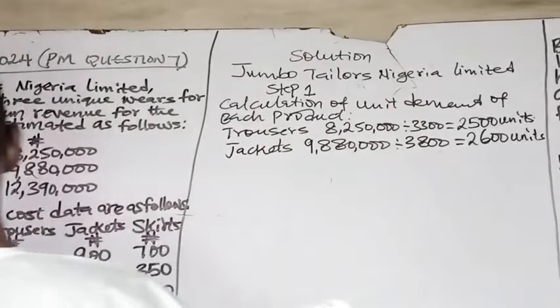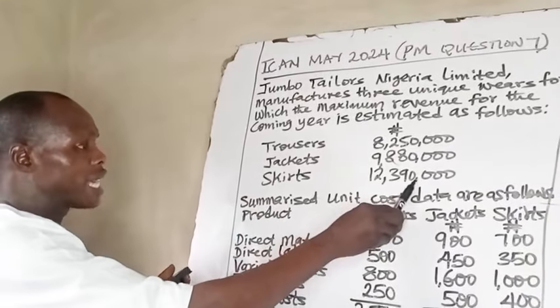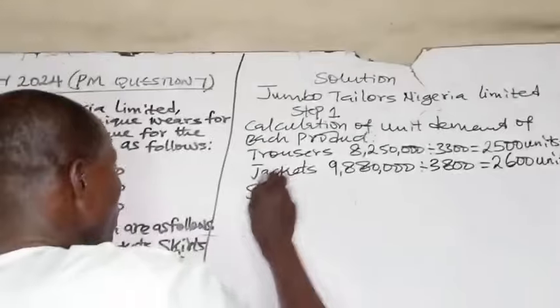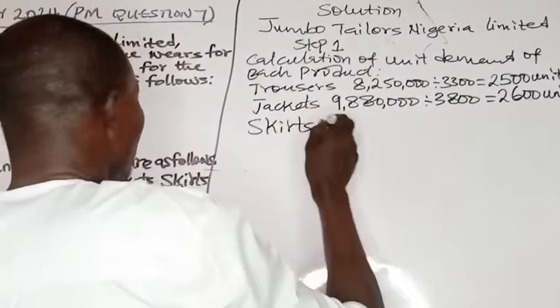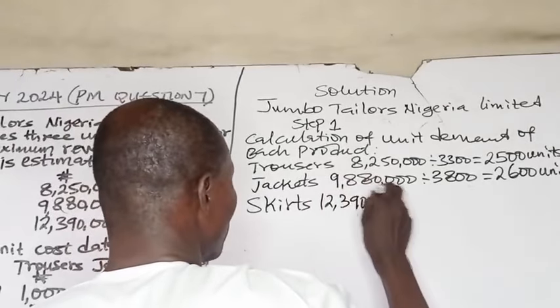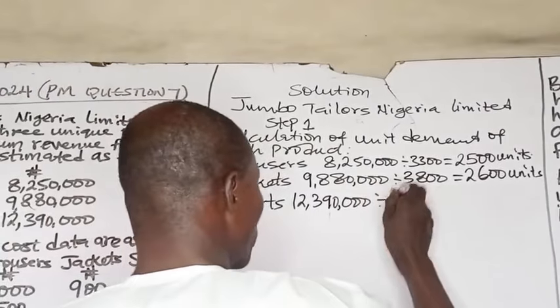Then the third product is skirts. The revenue is 12,390,000, while the selling price is 2,950. So we have skirts. Revenue 12,390,000 divided by selling price 2,950.